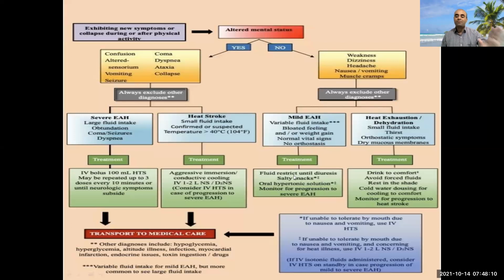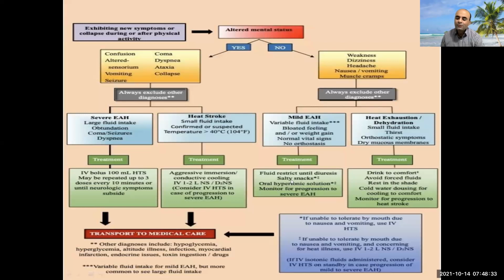Fluid restriction, especially free water. Free water restriction; no emergency now, don't be in a hurry. I will use hypertonic saline if my patient deteriorates. Otherwise, just observe until he excretes all the free water he was drinking during the marathon run. You restrict free water until diuresis.